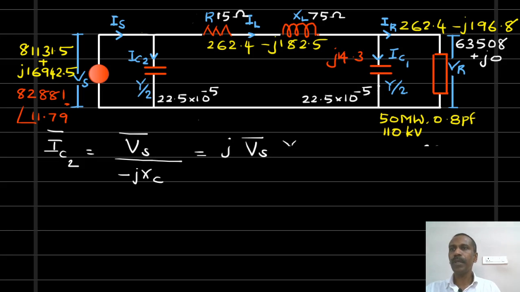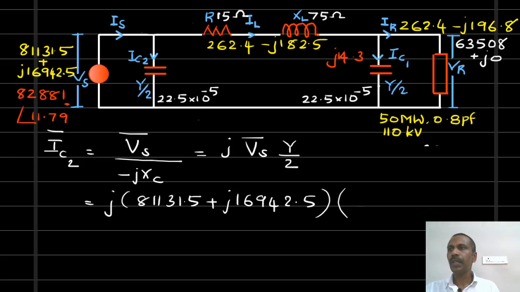Here it is Y by 2. So this is equal to J into the sending end voltage. It is 81131.5 plus J 16942.5 into Y by 2. It is 22.5 into 10 raised to minus 5.